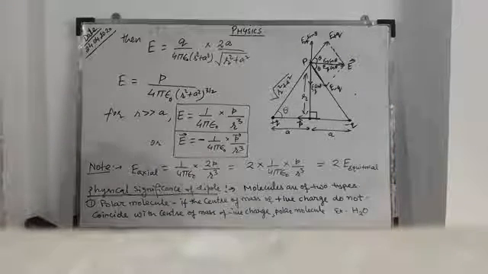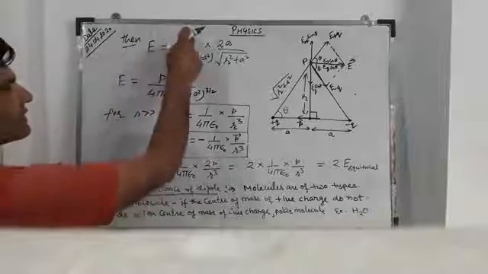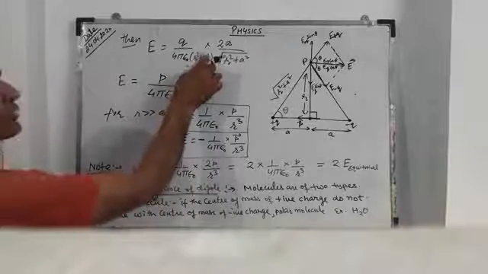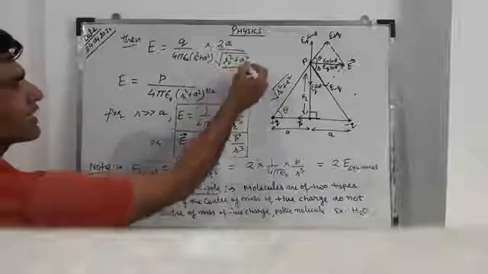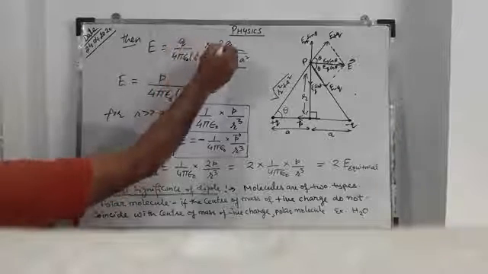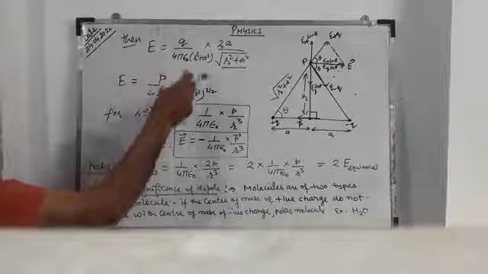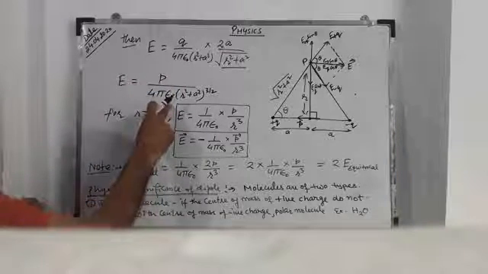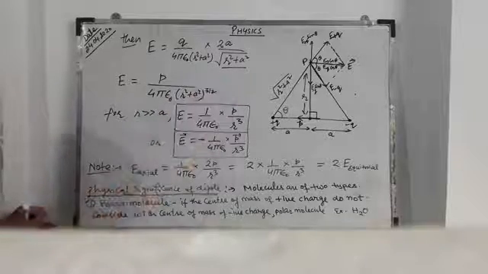Put the value of cos theta in the formula, then we get E is equal to q upon 4 pi epsilon naught r square plus a square into 2a upon square root of r square plus a square. As we know that q into 2a is the dipole moment p, we get E is equal to p upon 4 pi epsilon naught r square plus a square to the power 3 by 2.